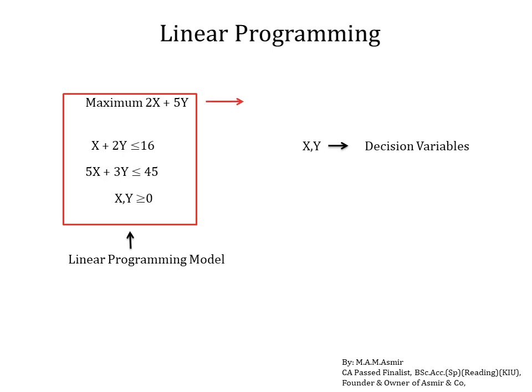The 2x and 5y here is referred to as the objective function. This is what we want to maximize in LP. In linear programming, we either maximize or minimize these objectives.